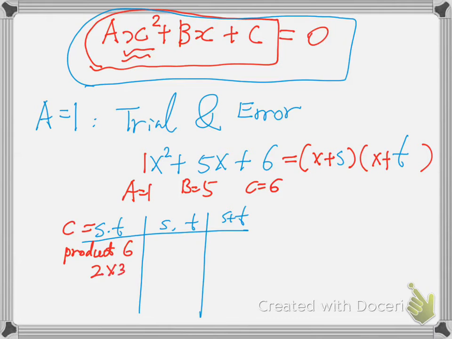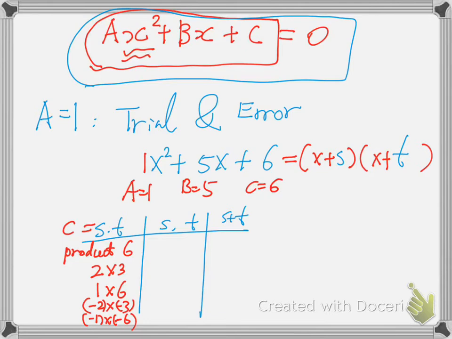2 times 3, 1 times 6. Okay? And we also have negative products, right? Negative 2 times negative 3. Or negative 1 times negative 6. Okay? So these are the 4 choices for product 6.